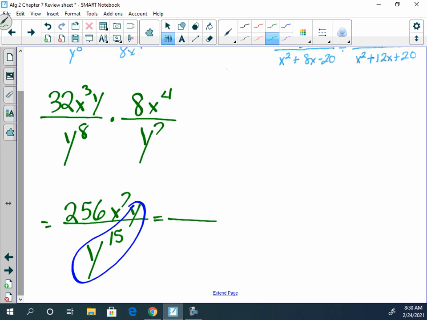And the only thing we really have in common on top and bottom is that 1y. So we have 1y on top and 15 on bottom. And whenever we're dividing like bases, we subtract the exponents. So 15 minus 1 is 14. Is it bigger on top or bottom? So it'd stay on bottom. As this cancels out, this becomes 14.